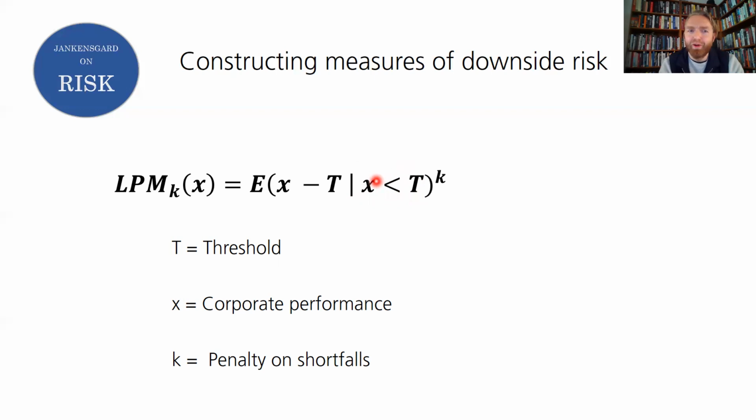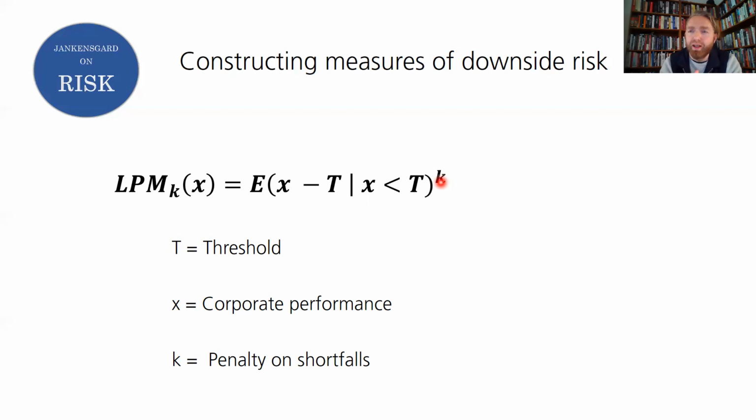All other outcomes are considered non-risk, right? So it only contributes towards risk if it's below the threshold. If below the threshold, then you take the difference between the performance number and the threshold, which is going to be a negative number, and you raise it by the power of K. So K is a way for you to put a penalty on these shortfalls.